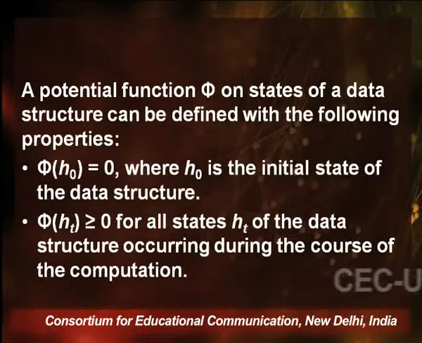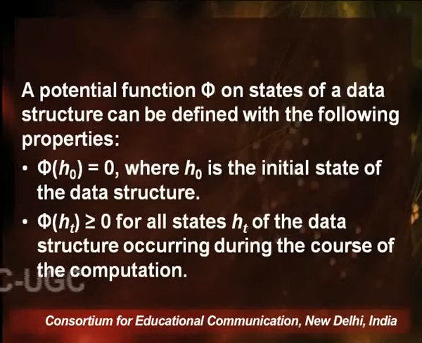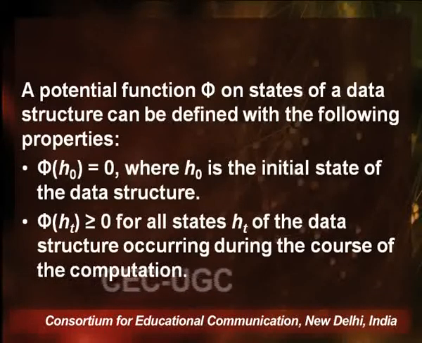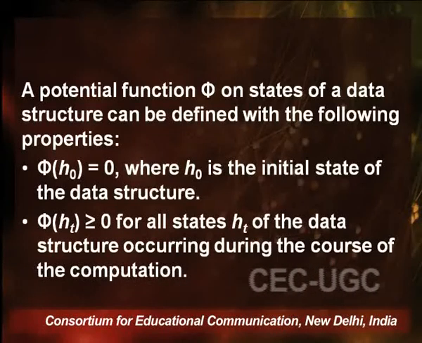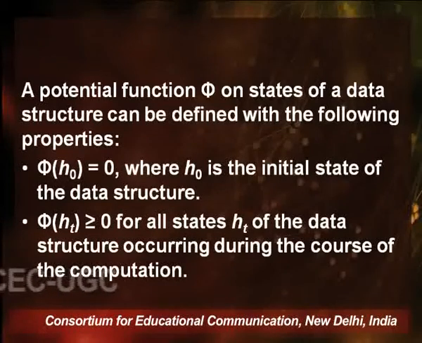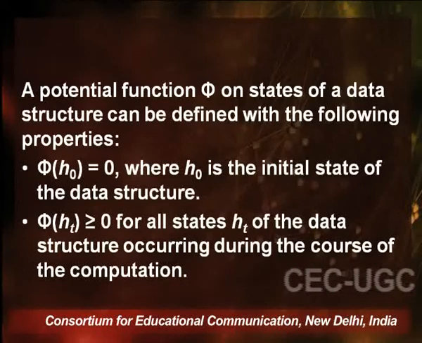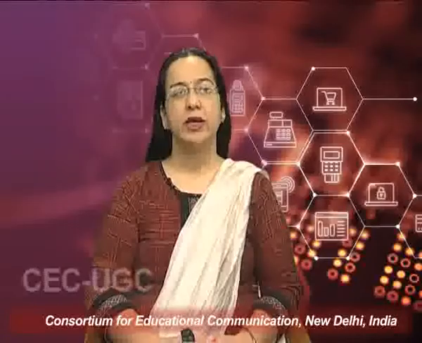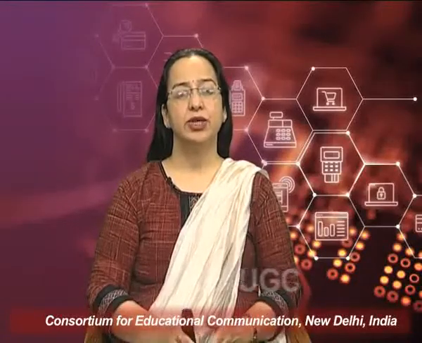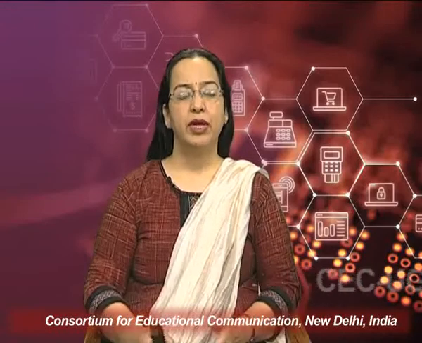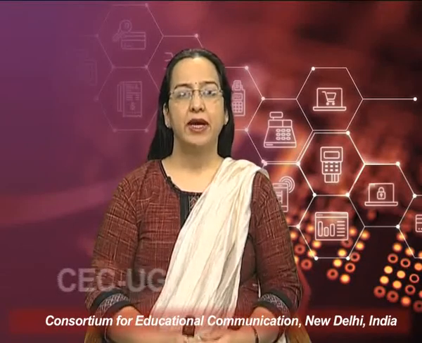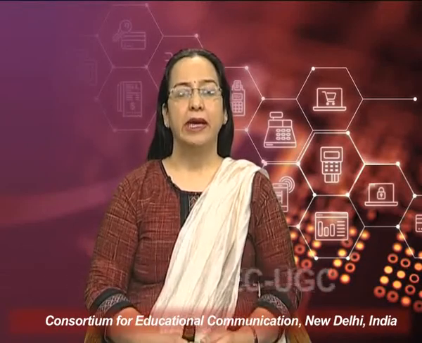Then we have another term, phi of ht. Phi of ht is greater than or equal to 0 for all the states ht of the data structure occurring during the course of computations. This essentially means that in whatever state your data structure is during the computation, while performing many of the operations, phi of ht is always greater than or equal to 0.